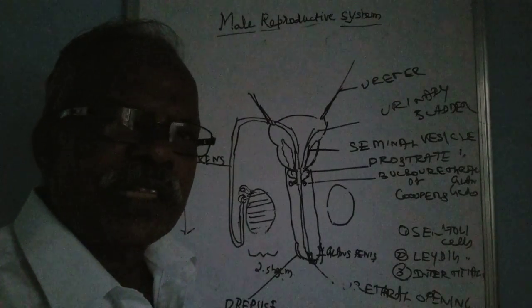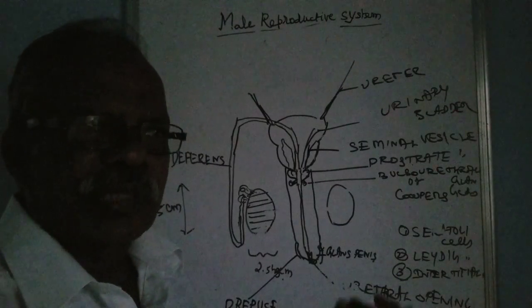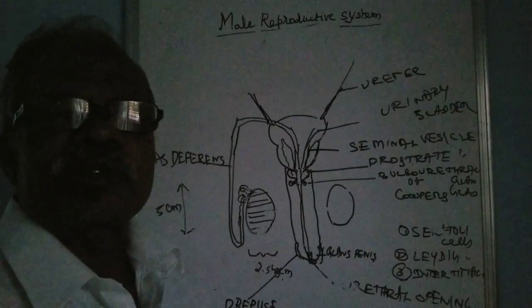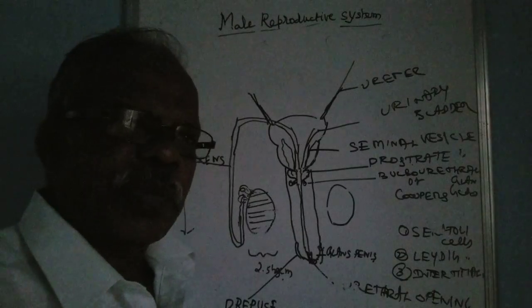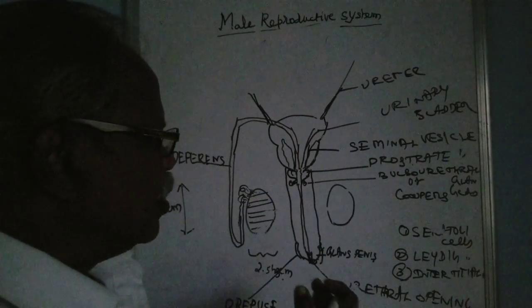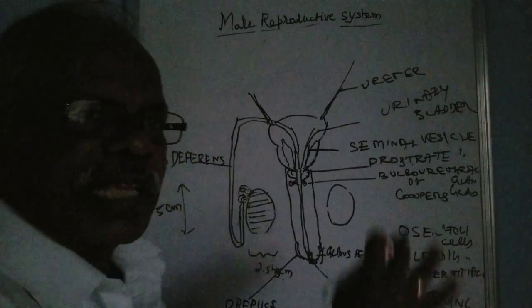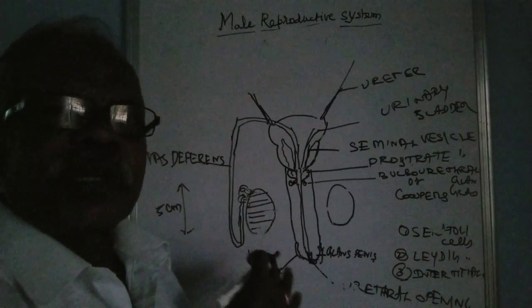The corpus spongiosum is so soft so that the urine and the sperm can be expelled out through that. If it is so hard, the expulsion of sperm and urine will be very difficult. So this is with regard to the structural arrangement of the male reproductive system.